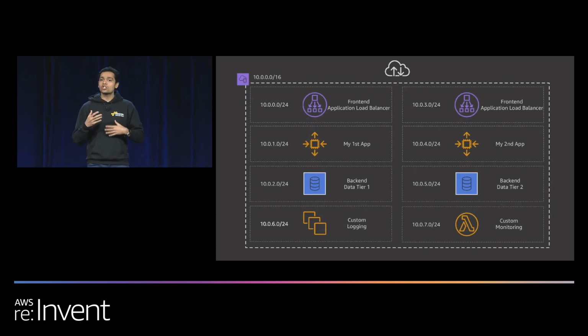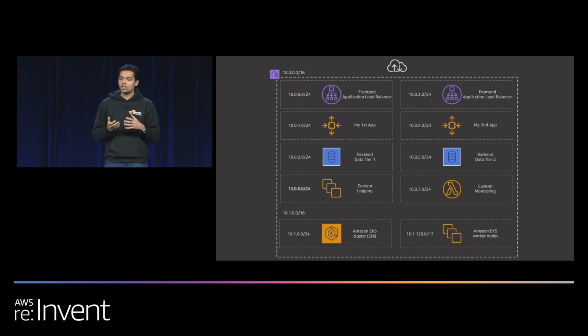Now my applications were moving into production, and I wanted some sort of observability. So I decided to build shared services like custom logging and Lambda-based monitoring so that I get more visibility into my traffic and application. I created another subnet for it, and now you can see my VPC is starting to grow bigger.